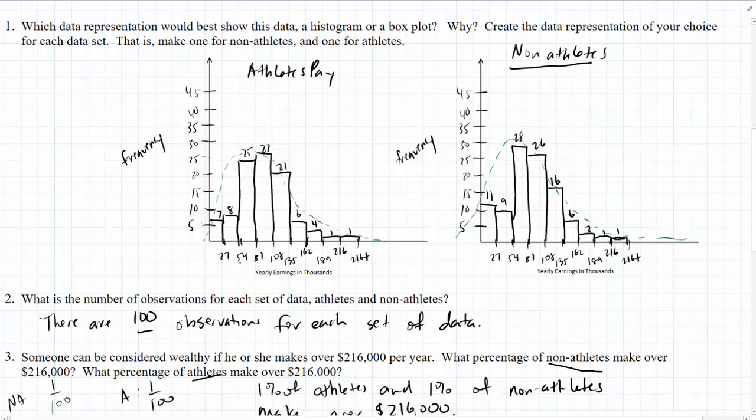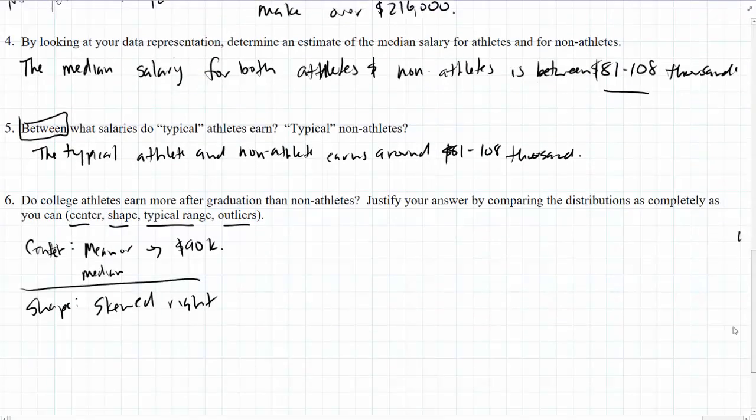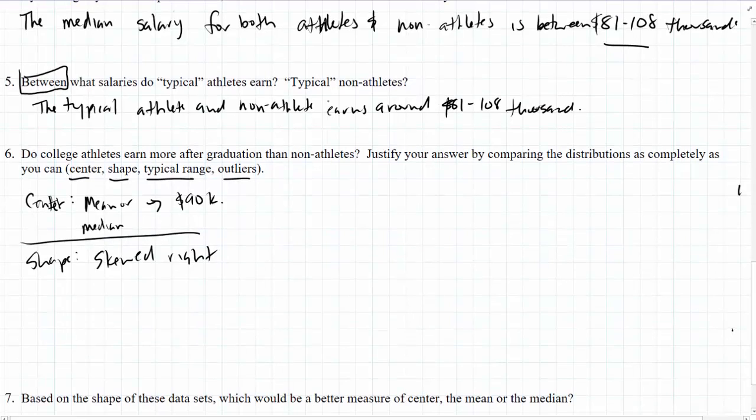If we notice, for the typical salary, most of the people are between 54 and up to 135,000. That's actually for both. So I'm going to change my answer here.